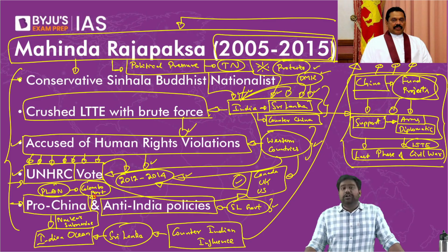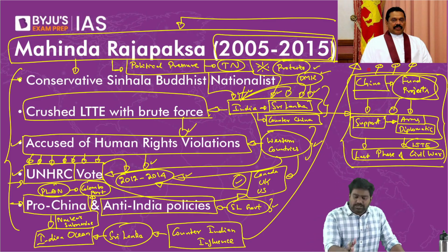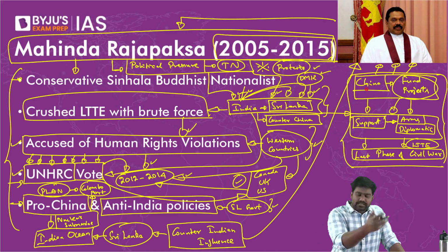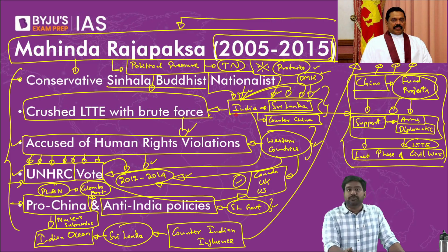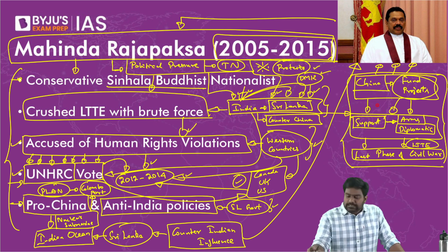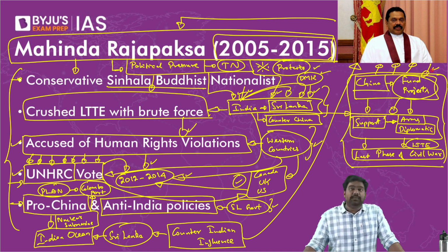So this was a difficult period for India, this whole decade from 2005 to 2015. Right? During the last phase of the Civil War, we couldn't extend direct support because of pressure from Tamil Nadu. Right? China stepped in. China gave that support, got closer to Rajapaksa, gave a lot of funds and investments as well.